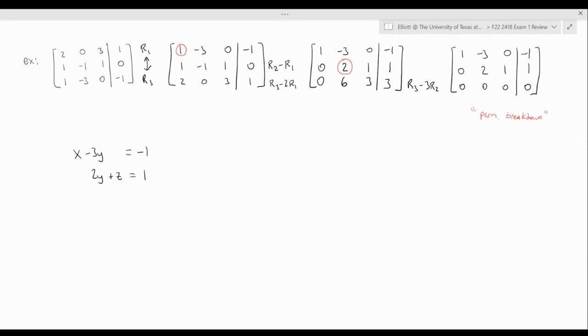So you don't have to write that equation down, okay? So we really only had 2 equations here, but we had 3 unknowns, okay? So since we have only 2 equations, we're only going to be able to solve for 2 of our variables, okay?